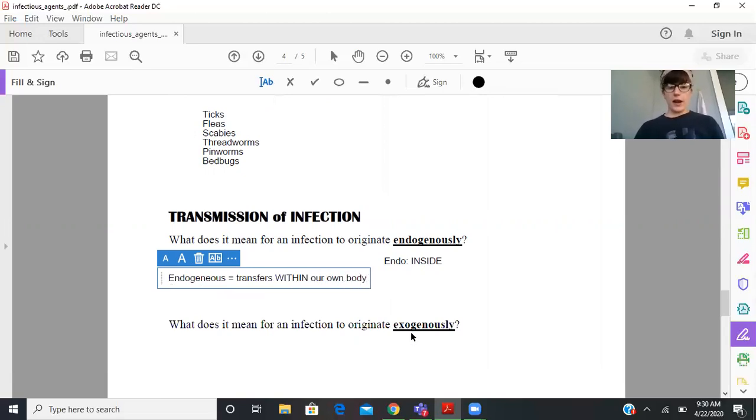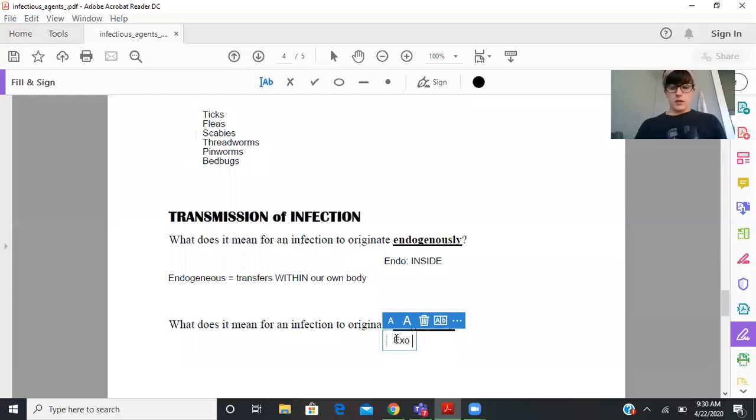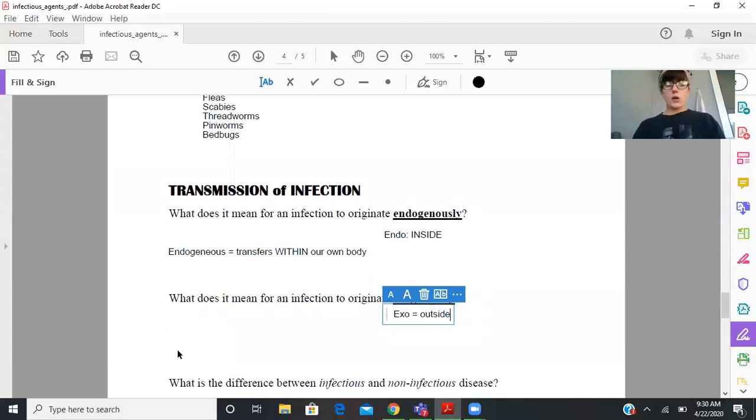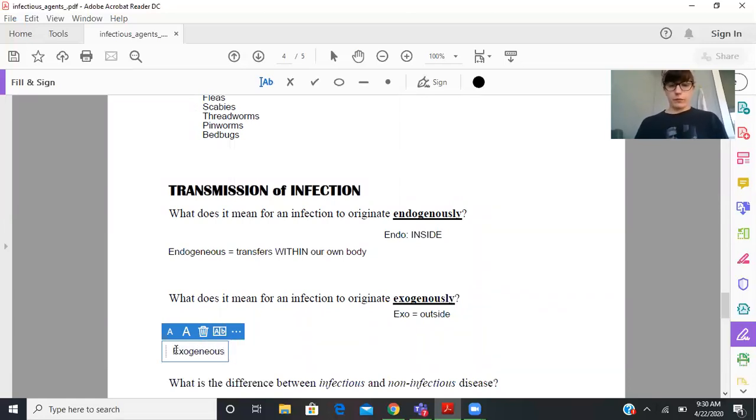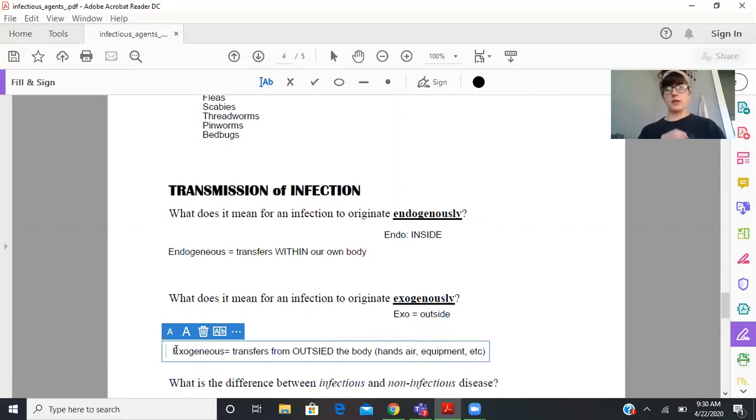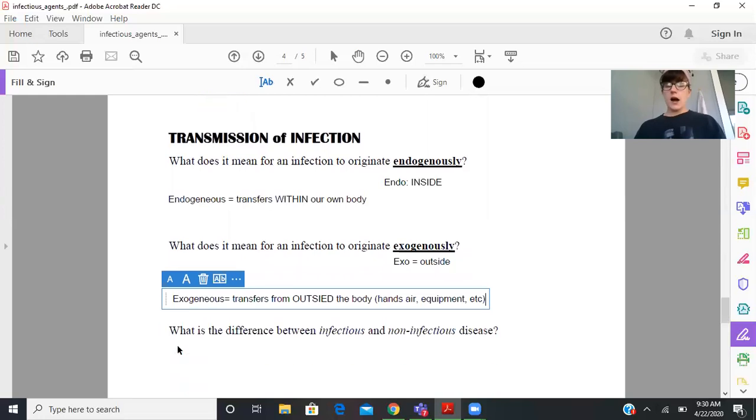Whereas exo, I think about exo or exit, means outside, like exoskeleton is the outside shell, or to exit, or exosphere, like you learned about the layers of the atmosphere. So exo means transfers from outside the body, which means through hands, air, equipment, etc. So like touching a doorknob that somebody else touched after they sneezed.